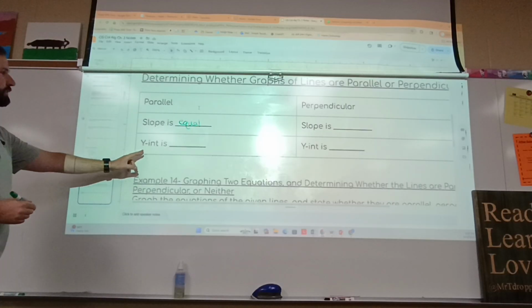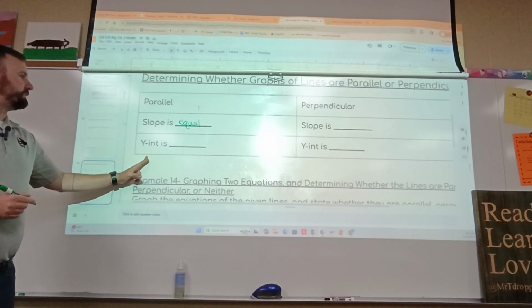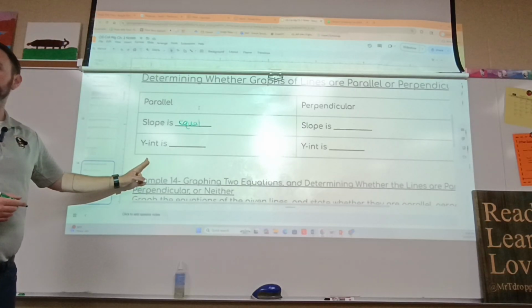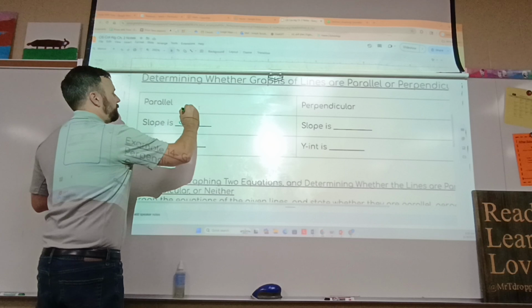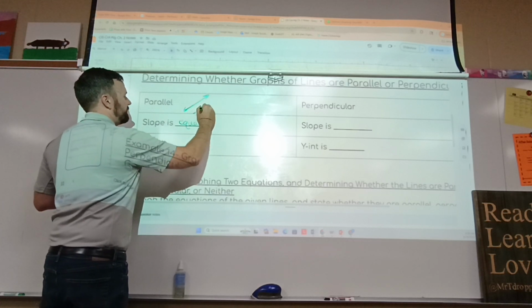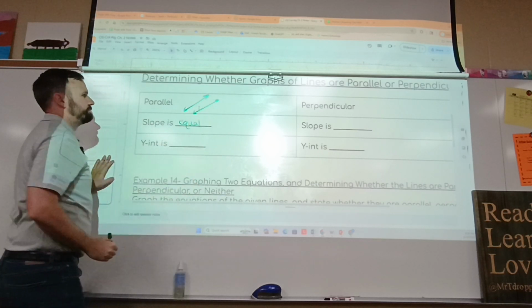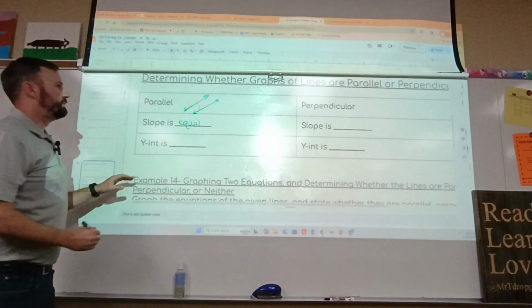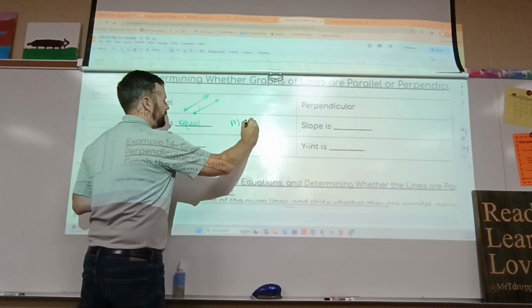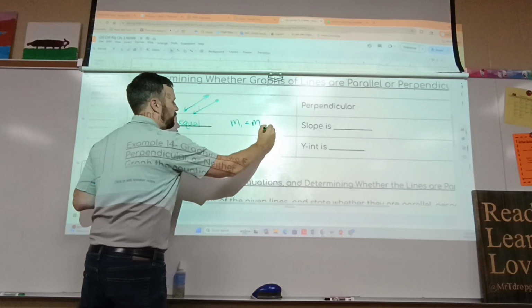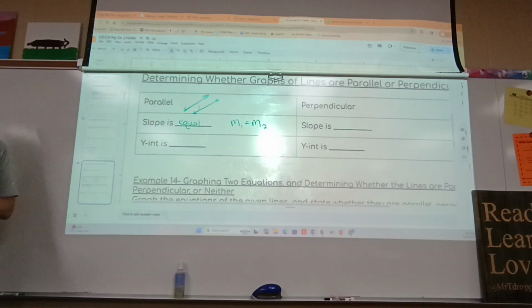I don't know why that y-intercept's there, because the y-intercept doesn't matter. It doesn't matter if they're parallel or not. So remember, parallel lines look like this. They go on forever and don't touch. So the m, this is not how the book does this, how I do it. M1 equals M2, right? The slope of the one line equals the slope of the other.